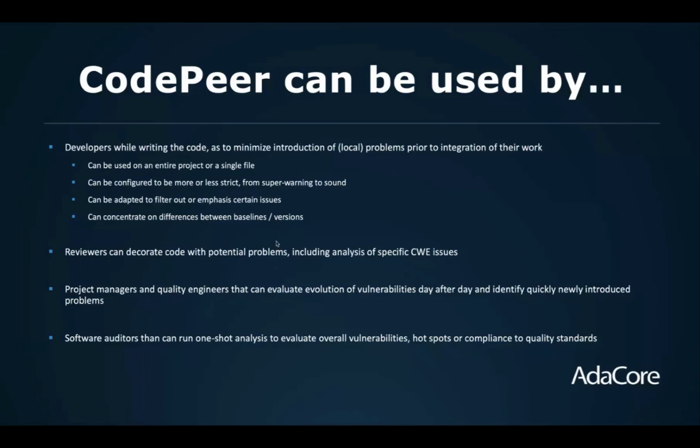So you would say, okay, this is my legacy code, this is my baseline. I'm going to make some changes and then run CodePeer again so that CodePeer can compare my current results with that baseline.